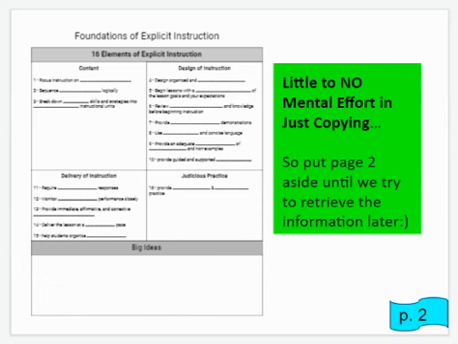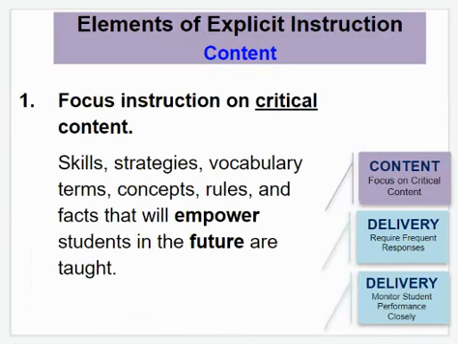So let's begin. The first of the 16 elements is to focus on the critical content, especially in a year where we're looking at maybe some gaps and deficits in student learning. Many of you have already gone through and looked at your standards and understand what areas we need to address throughout the year to empower students.